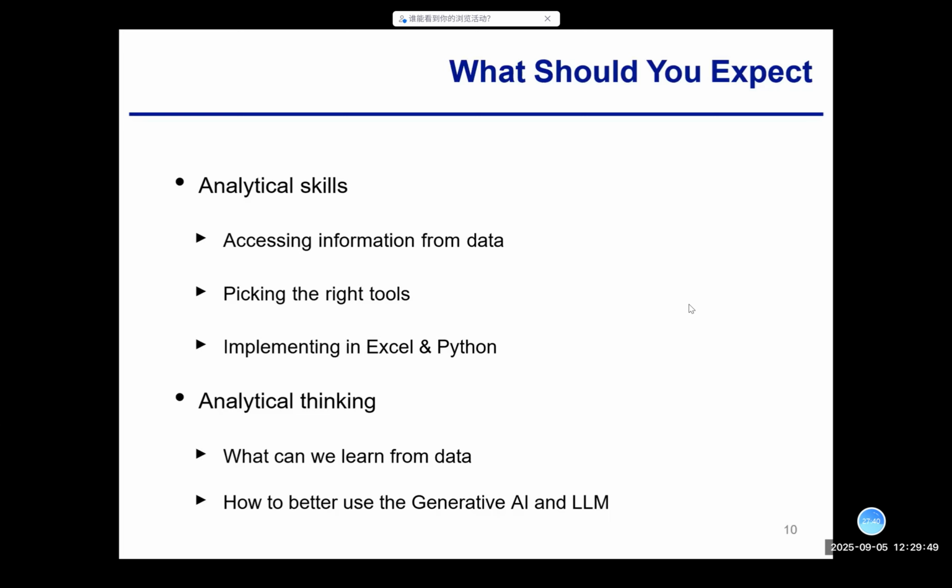Once you know the tools, they will help you achieve your goals. But more importantly, you need to think. That's why in some circumstances we would argue that AI can never replace human beings.